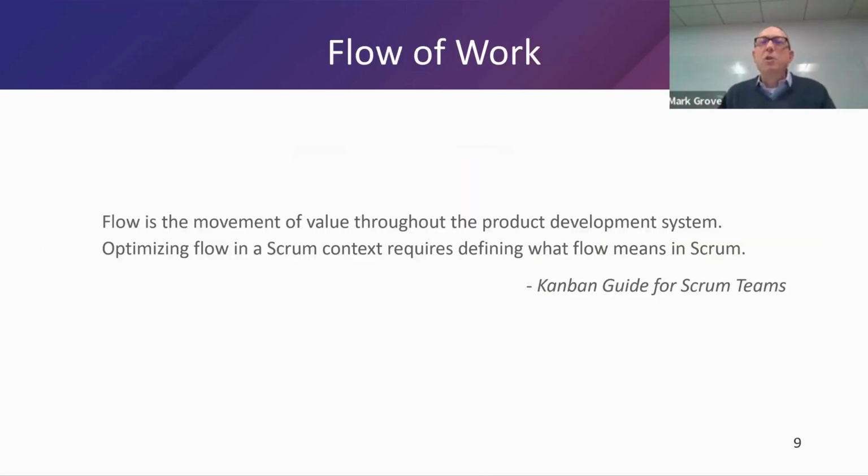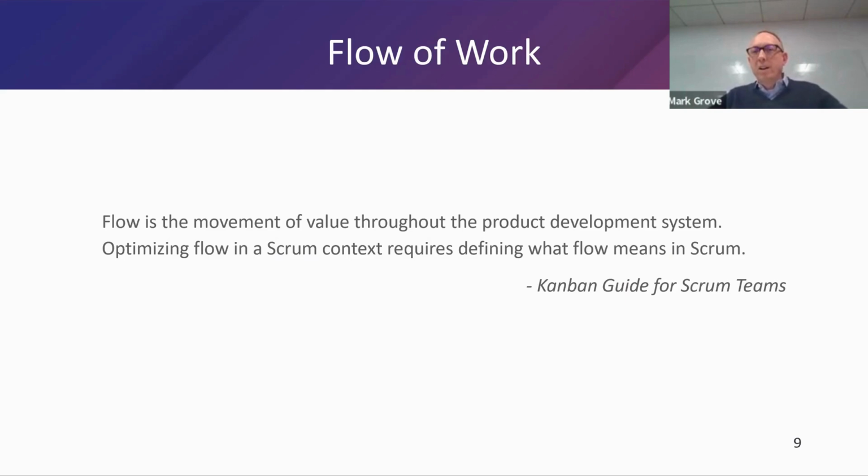Still in context, I do want to bring out another concept that's very important to understand. This is taken from the Kanban guide for Scrum teams, a document I highly recommend that you read, especially if you're a Scrum team, because the flow of work is a very, very important concept, not just for what we might think of as Kanban teams, but also for Scrum teams. Everybody works with a context of flow of work in some way or another.